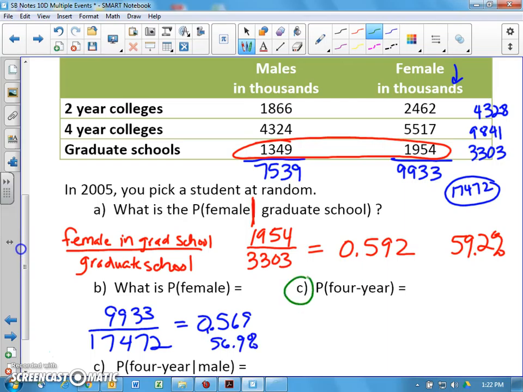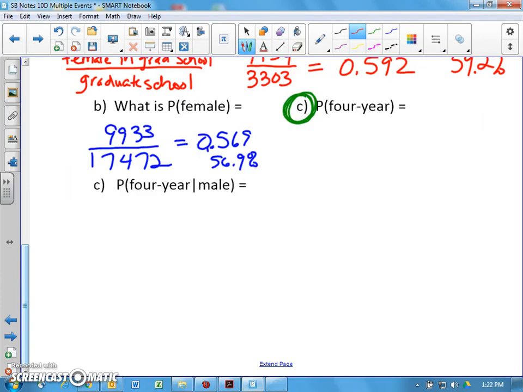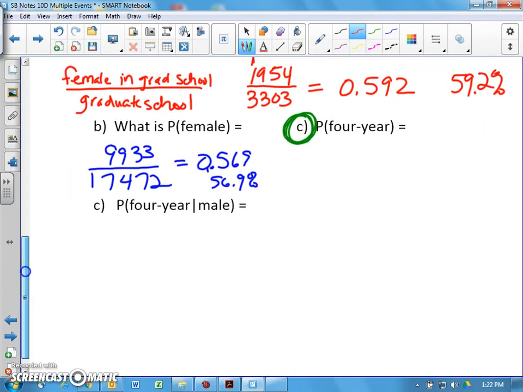I want you to try this one on your own, and again, your teacher should check to see that that's done. And we'll do this last conditional problem together. So the probability that a student is in a four-year school, given that they are male, means I want male on the bottom and four-year and male on the top.